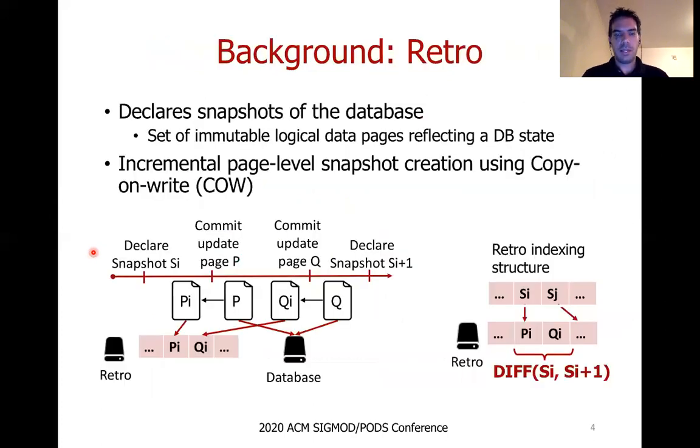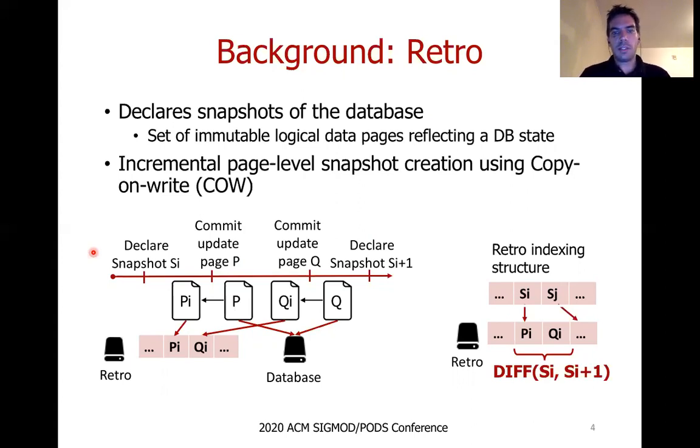To explain the inefficiencies arising in cross-snapshot computations, I will have to explain what happens under the covers when we create snapshots. We use a system called Retro, which introduces a snapshot system in Berkeley DB. A snapshot is a consistent, persistent set of immutable pages on the disk, reflecting the state of the database at the declaration point.